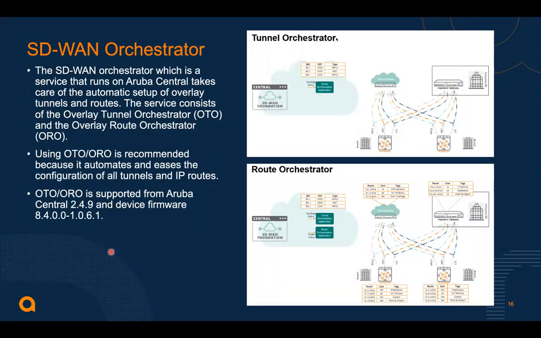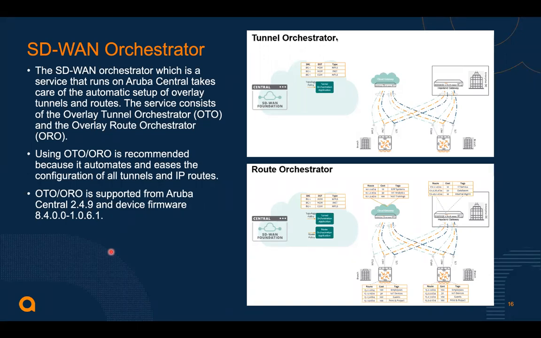As I said, SD-WAN orchestration happens between the VPNC and the branch gateway, where we have two sets of orchestration that can be done. One is tunnel orchestration, another is route orchestration.